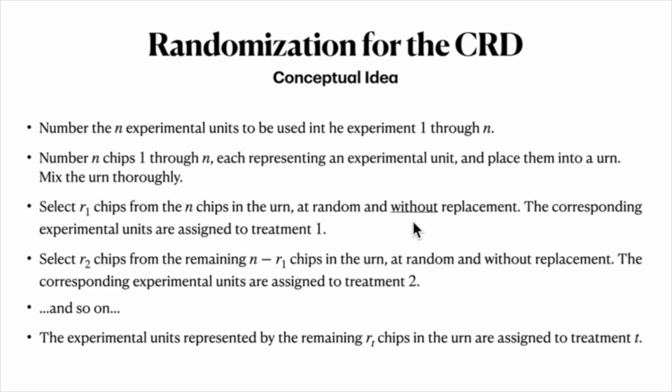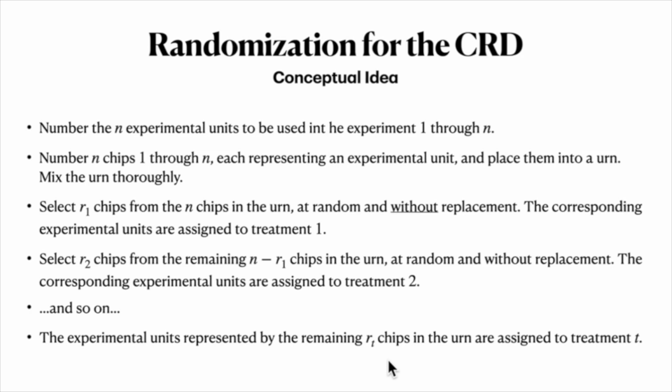Then we select R2 chips from the remaining n minus R1 chips in the urn at random and again without replacement, and the corresponding experimental units are assigned to treatment 2, and so forth, until we get down to the last treatment that needs to be assigned, and there are R sub t chips remaining in the urn, and those are the experimental units that would get treatment T. So that is the conceptual idea behind this randomization process for the completely randomized design.